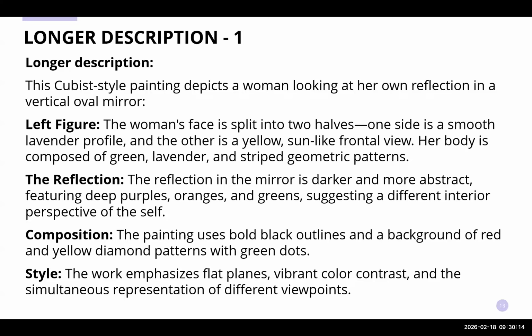By providing this level of detail in a longer description nearby in your materials, you're actually giving a student who cannot see the image the exact same evidence that they need to join the class discussion on symbolism or modern art. So it takes a little more effort, but it ensures that no one is left out of the deep analysis. Next slide, please.